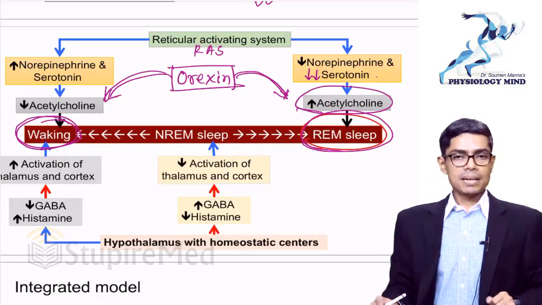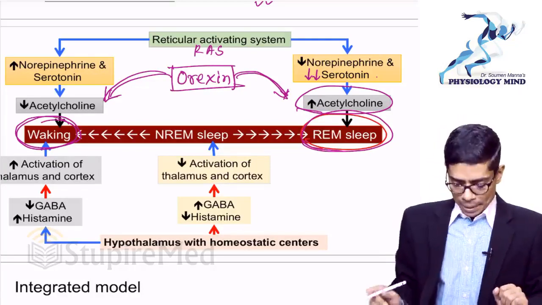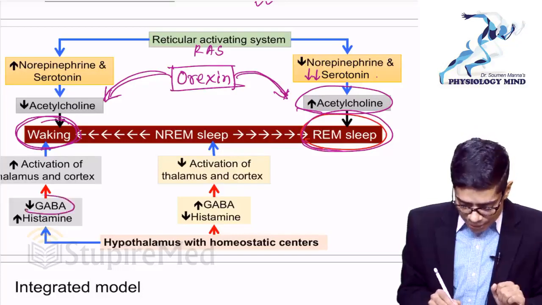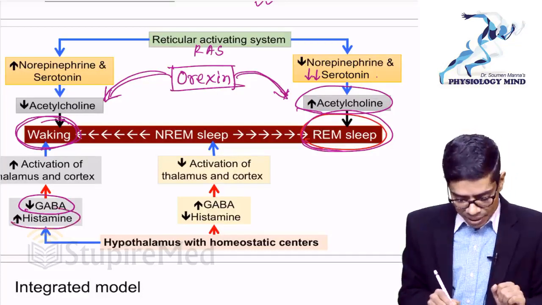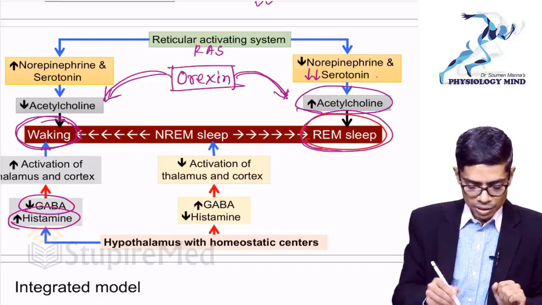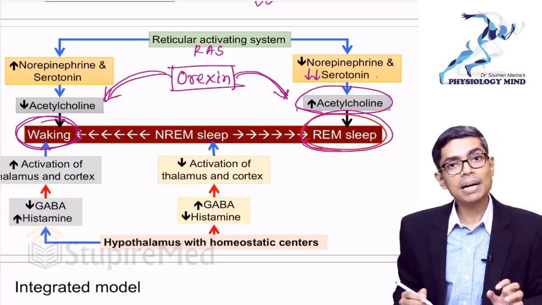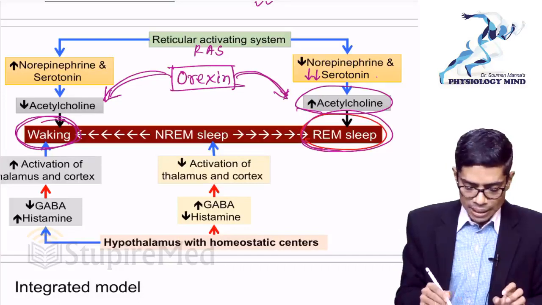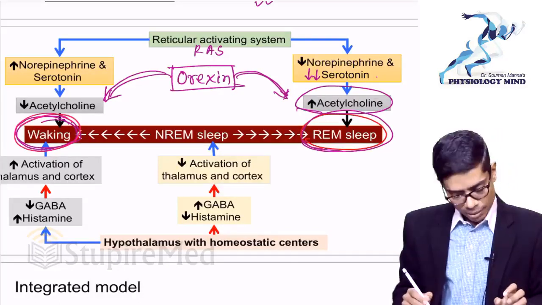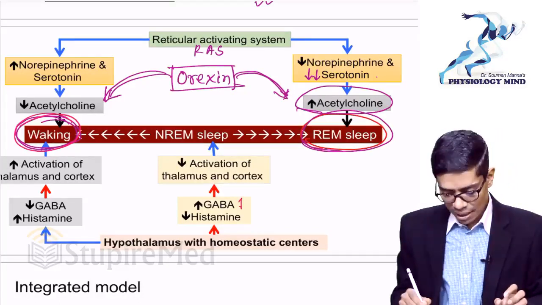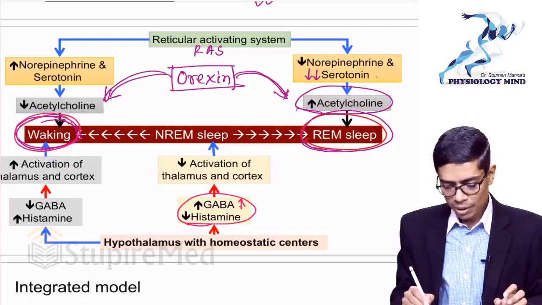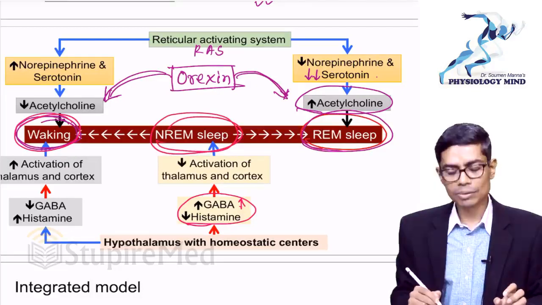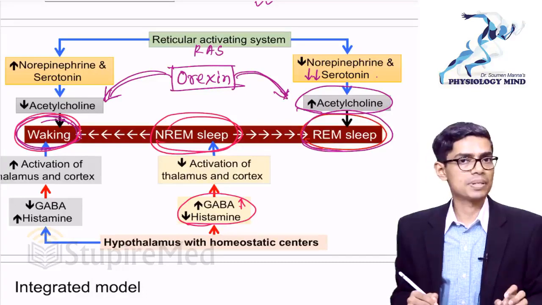Now, if your GABA is less and histamine is high, we know where these neurotransmitters are produced. They are from hypothalamic nucleus. Then the person will again remain awake. Conversely, when the GABA is high and histamine is low, the person will enter into the non-REM sleep stage.